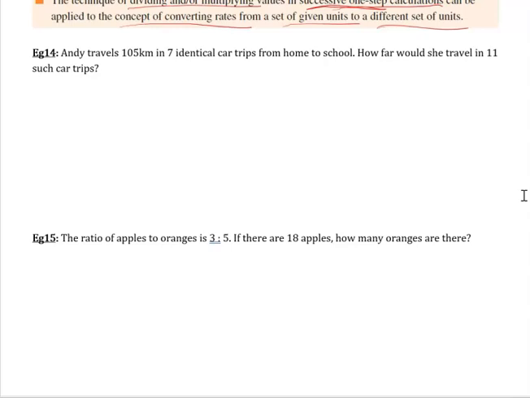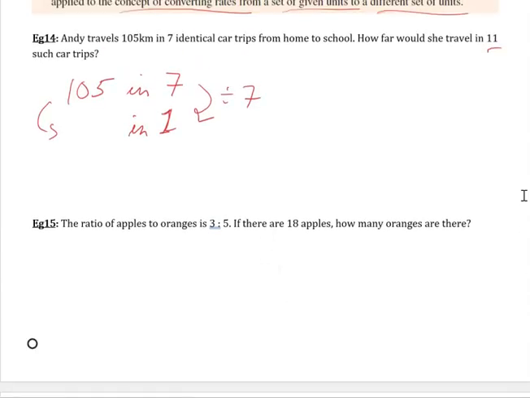Andy travels 105 kilometers in 7 identical car trips from home to school. How far would she travel in 11 such car trips? If it was 14 trips, we'd be happy because we just multiply by 2, but we can't. So we're going to find out how far Andy has gone in 1 trip by dividing by 7.